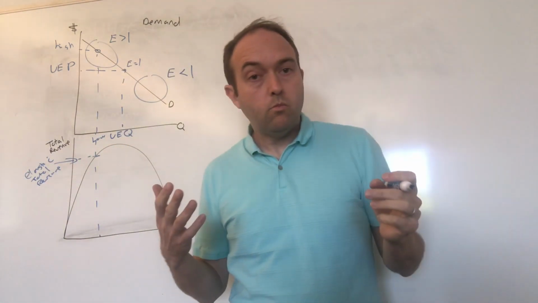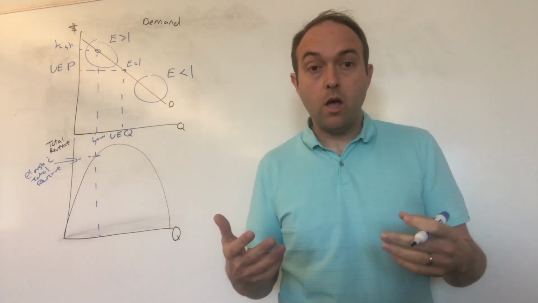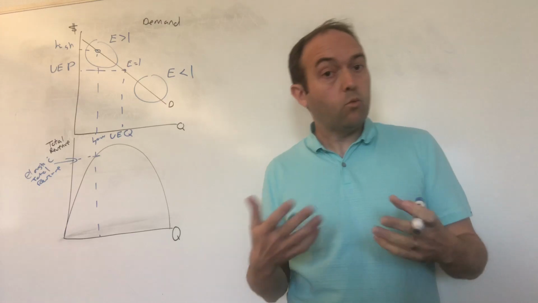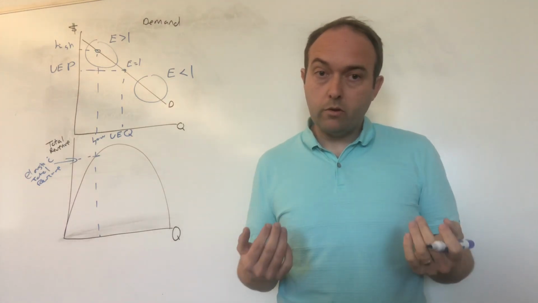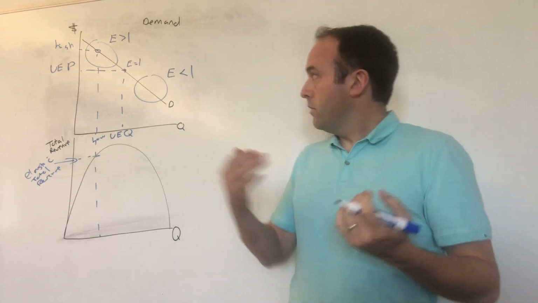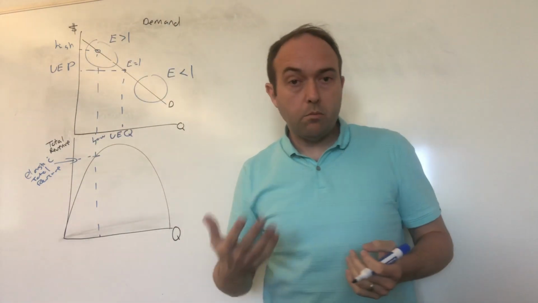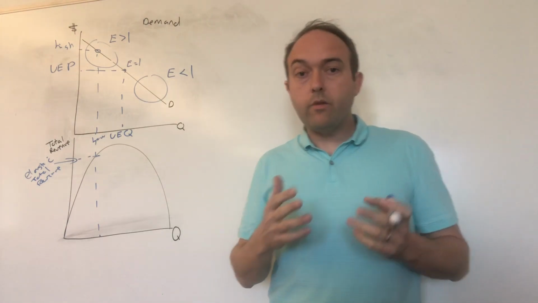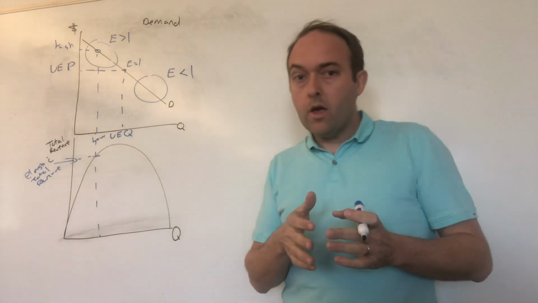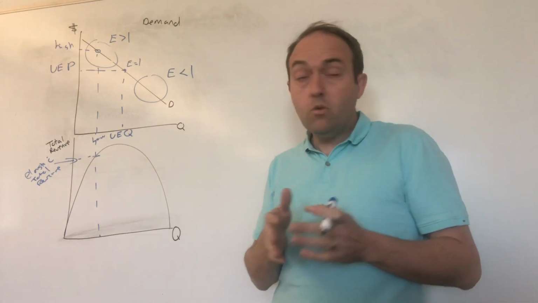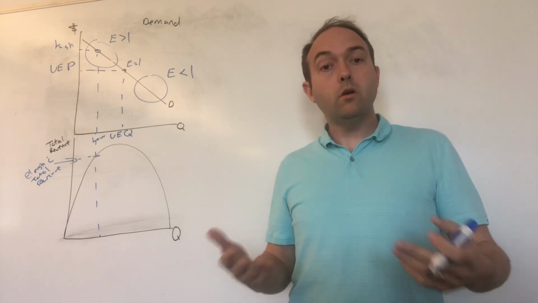If a firm happens to be charging a pretty high price, a pretty elastic price, and they recognize that, what they could do is lower their price a little bit. As they lower their price a little bit, they'd be able to sell a few more units of their product. If they start moving to a less elastic price and getting ultimately towards your unit elastic price, you would see their revenue would increase.